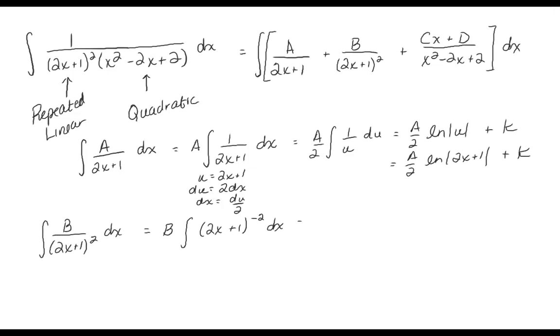But I would get then b over 2 times the integral of u to the minus 2 du. So let's see, that's b over 2 times u to the minus 1 over minus 1. Okay, or minus b over 2 times (2x plus 1).